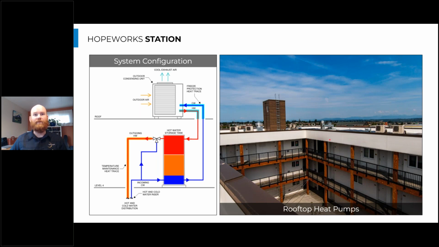So what this system looks like, it does look a little bit different than maybe your typical water heating system where there's 1 or 2 water heaters in the basement and that's serving the entire building. Here, the design team decided to break this building apart, and we're serving units vertically.